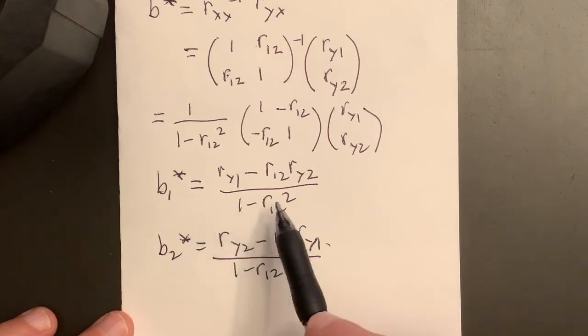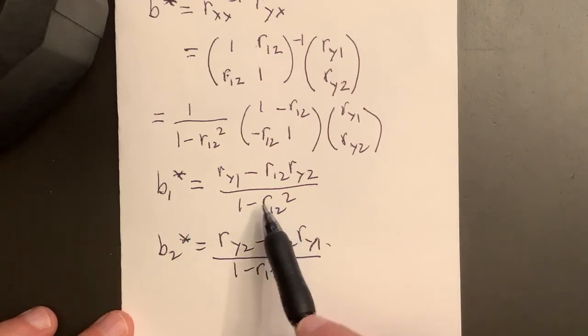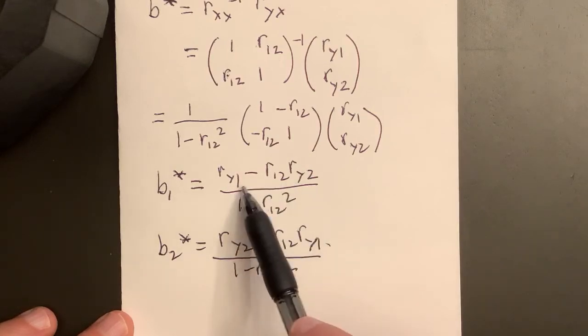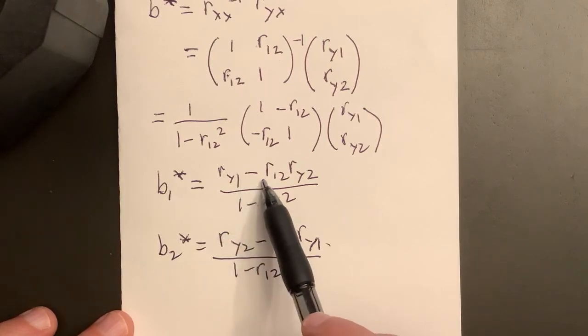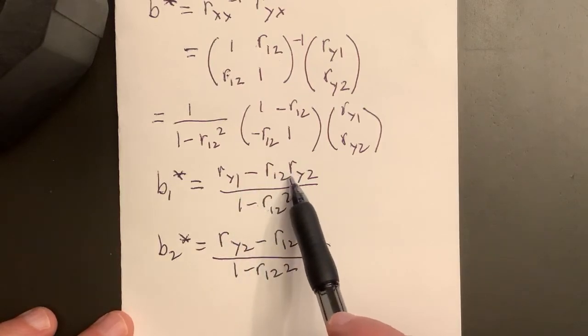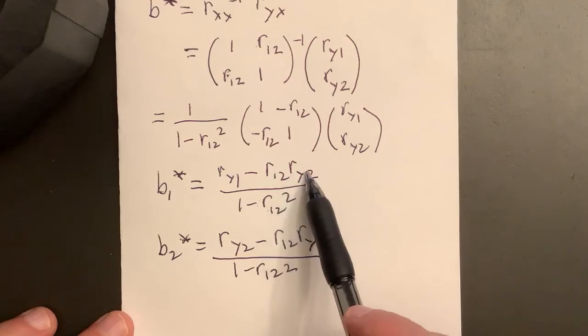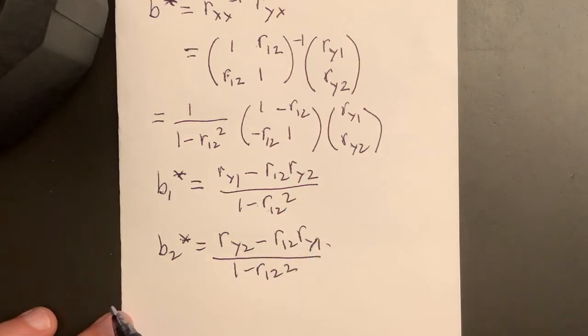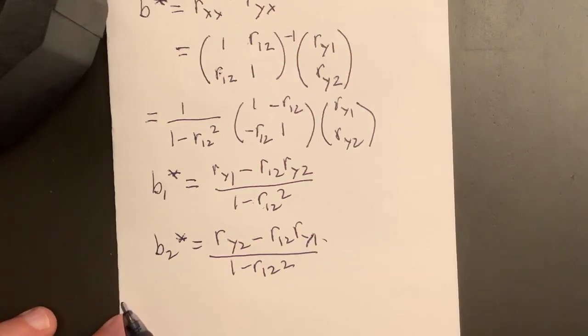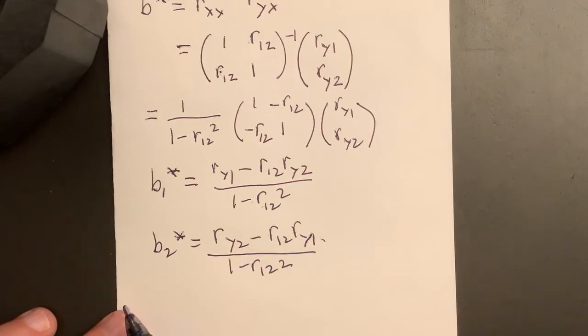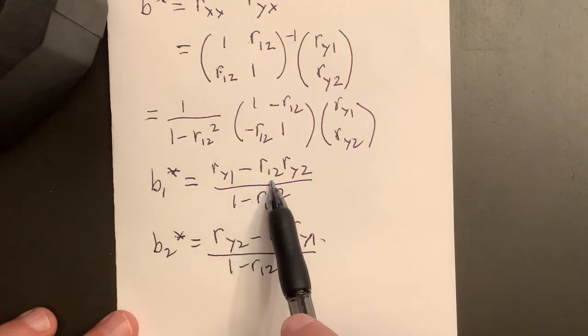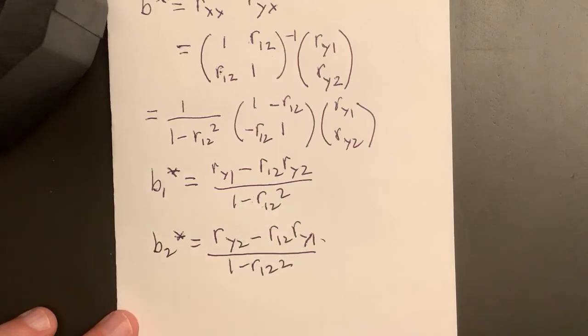Look at b1 star for a second, and think of these as correlations: how y is correlated with the first predictor, how the first and the second are correlated, and how y is correlated with the second. A few things to notice. First of all, suppose r12 is 0, so that x1 and x2 are uncorrelated.